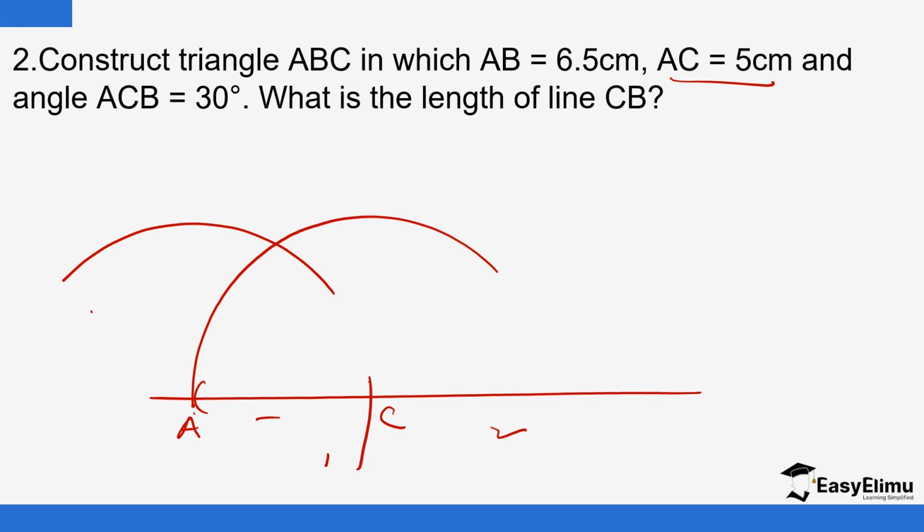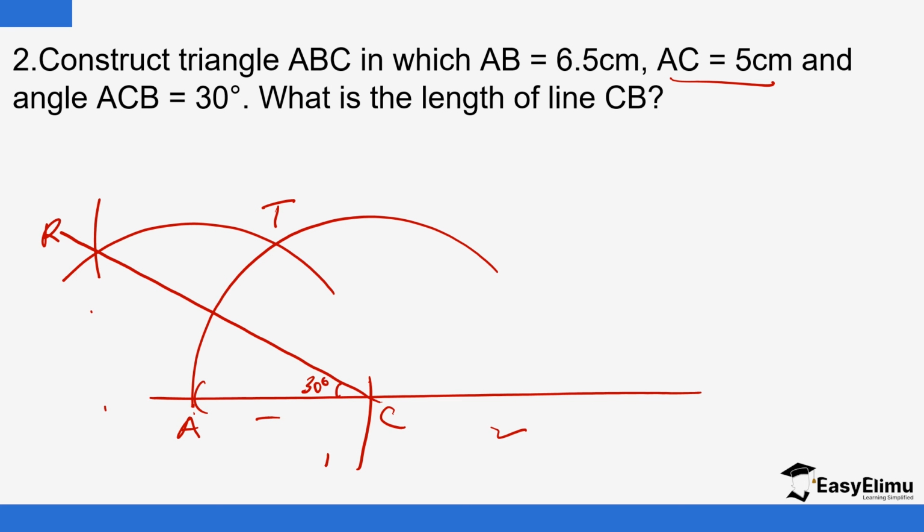This is T, so if I join C to T, that will be 60 degrees. I'll use T as the center and draw another arc to cut the previous arc at that point. You call this R. If we join C to R, that is 30 degrees.